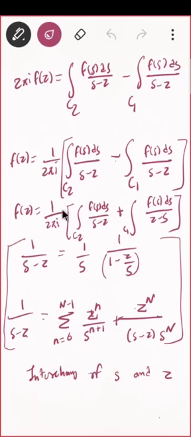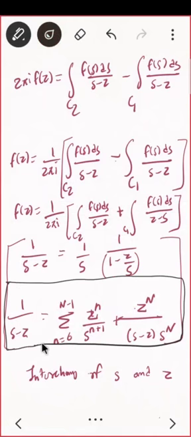Maybe I'll mark this in a different color. I'll be using this for C2 because I am having 1 upon S minus Z here, and I'll be using this for C1.